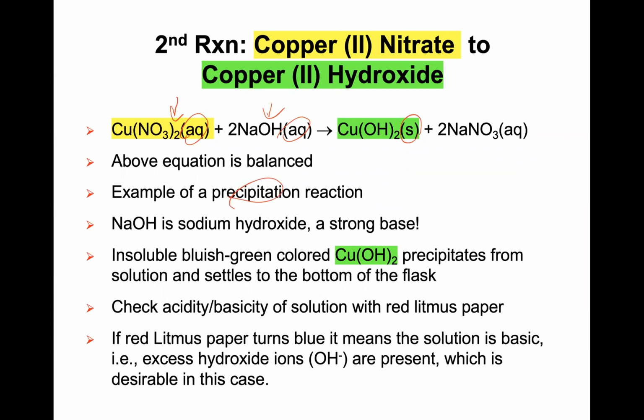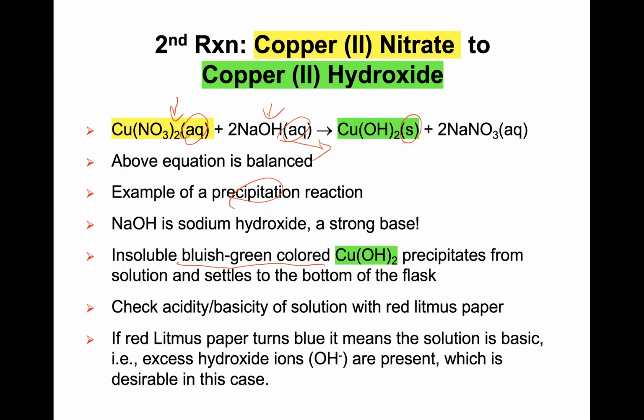Here, sodium hydroxide is a strong base. The copper hydroxide will show a bluish green color, and that will precipitate. To make sure all the copper precipitates, you need to make sure there is an excess amount of sodium hydroxide present.